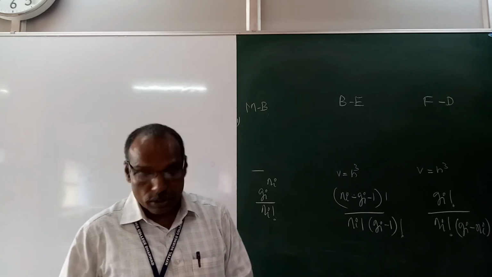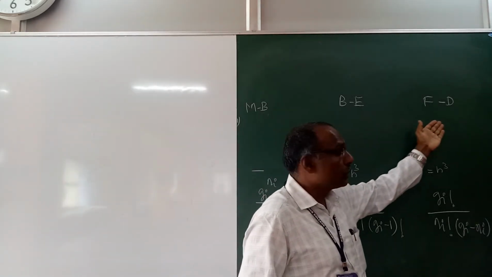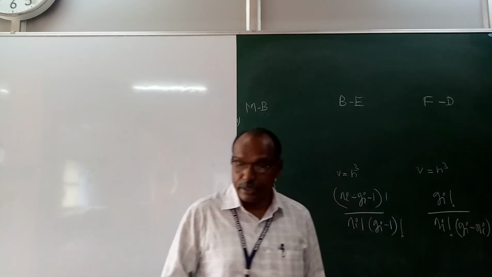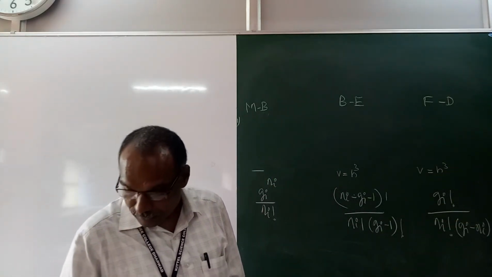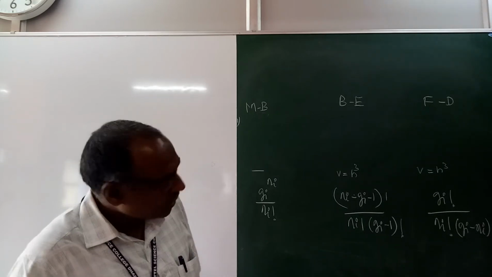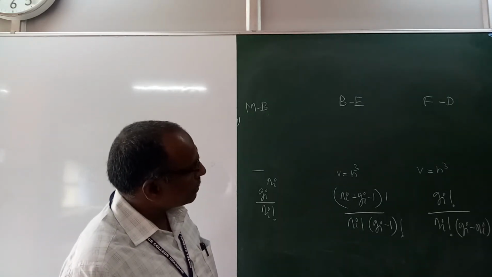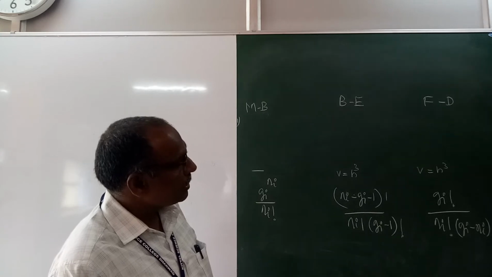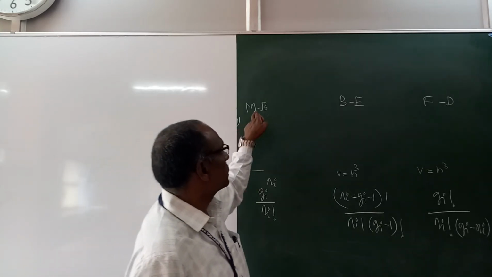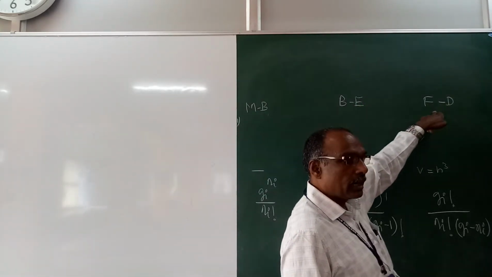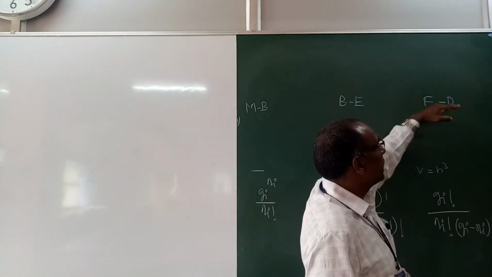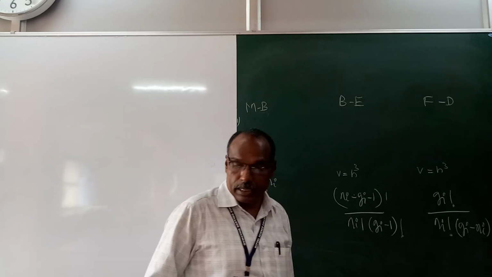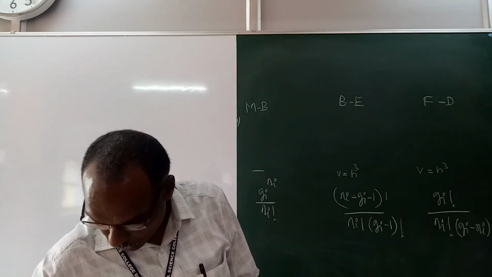The spin of a neutron is half integer, right? So which statistics obeys Pauli's exclusion principle? They will give options 1, 2, 3, and the fourth one is none of these. So Fermi-Dirac statistics obeys Pauli's exclusion principle.